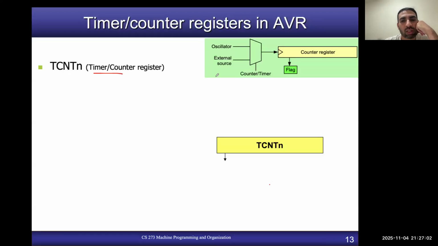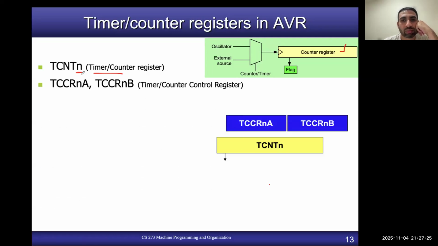This is the register which holds the values. For example, in timer 0 and timer 2 it will be an 8-bit register, and in timer 1 it will be a 16-bit register. Here n can be 0, 1 or 2, because remember there are three timer counters, so there will be three timer counter registers.